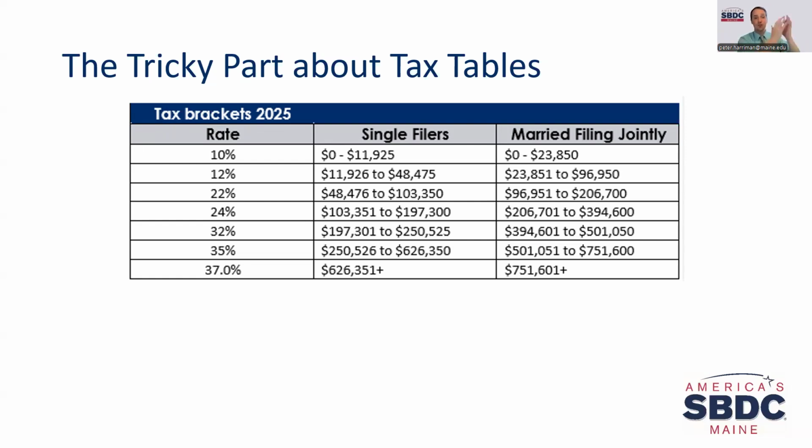It just means from 0 to 11,925, that portion of the money is going to be taxed 10%. And then starting at 11,926 up to the 12,000, that small portion is going to be taxed at 12%. Right. So when you read these tables, it's not that you jump, okay, I made 150, so everything's going to be taxed at 24%.